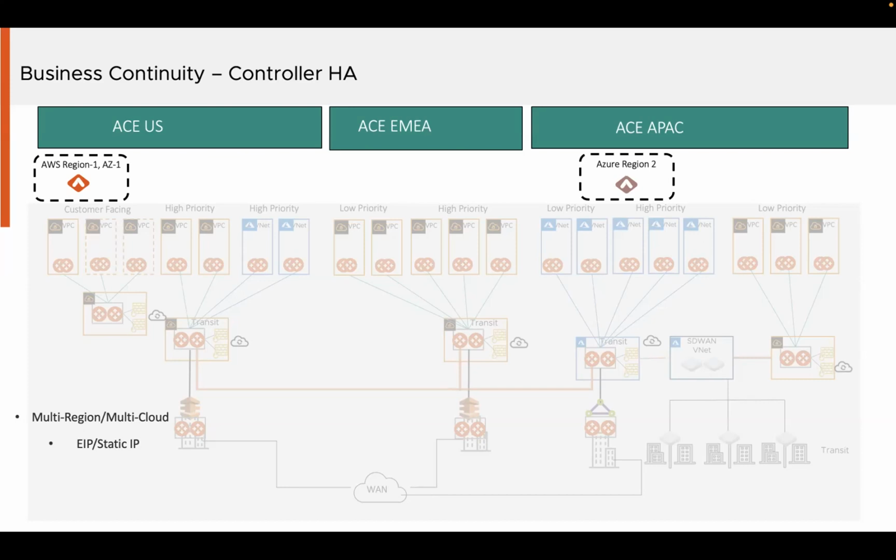You should have your cold standby controller up and ready, and all you have to do at that point is just do the recovery of the configuration, and make this your primary controller. You also want to make sure that your firewall is already allowing that particular static IP or EIP. Otherwise, it's going to be an issue, and nothing seems to work at that point of panic time.